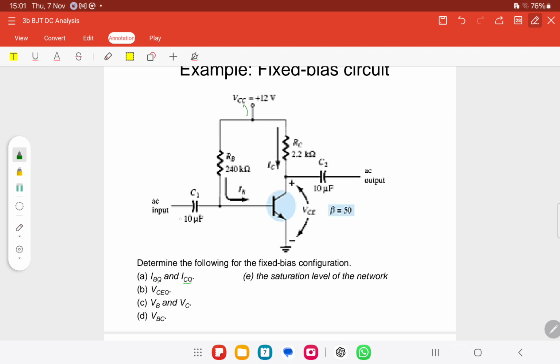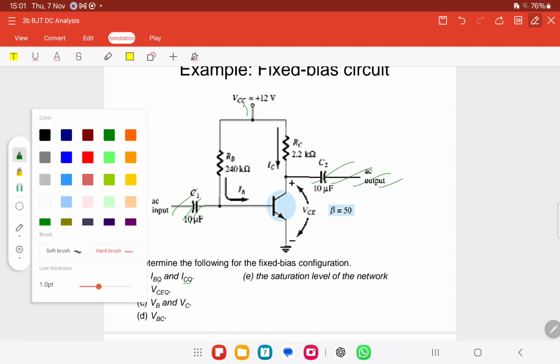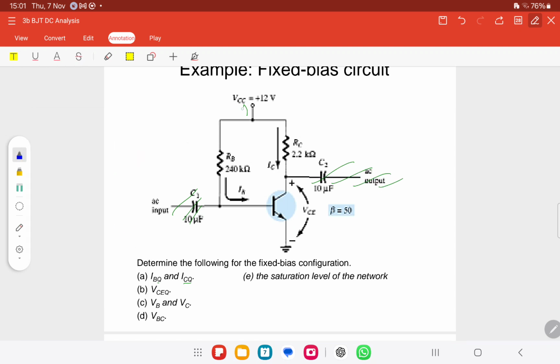What happened to the C1 and C2? Open circuit. So the first path goes here, down to here. What is the KVL?